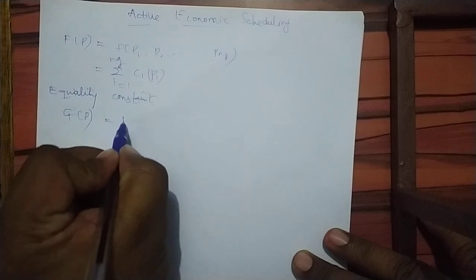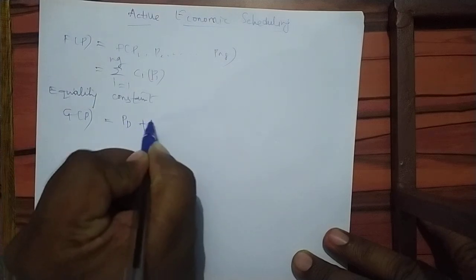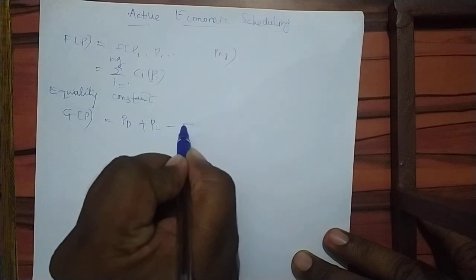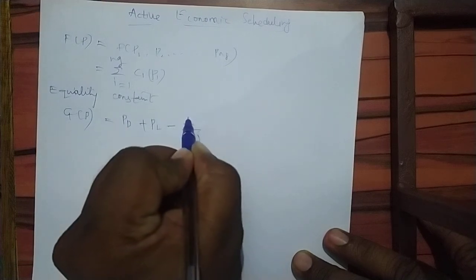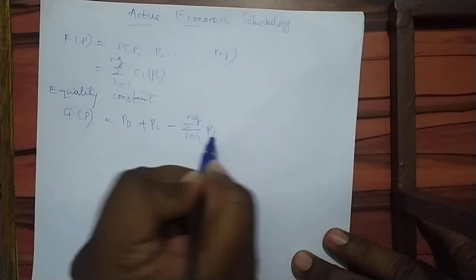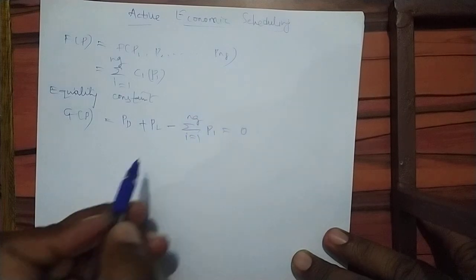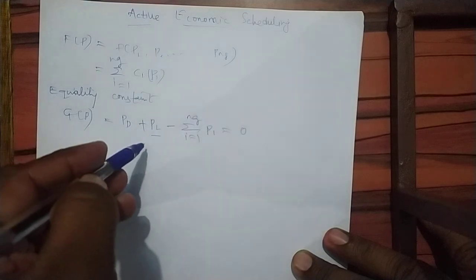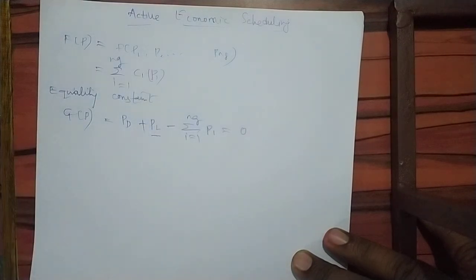But here we have considered the transmission losses, hence PD plus PL must be equal to total generation, that is, equal to 0. So here one term is extra, because we have considered transmission losses.